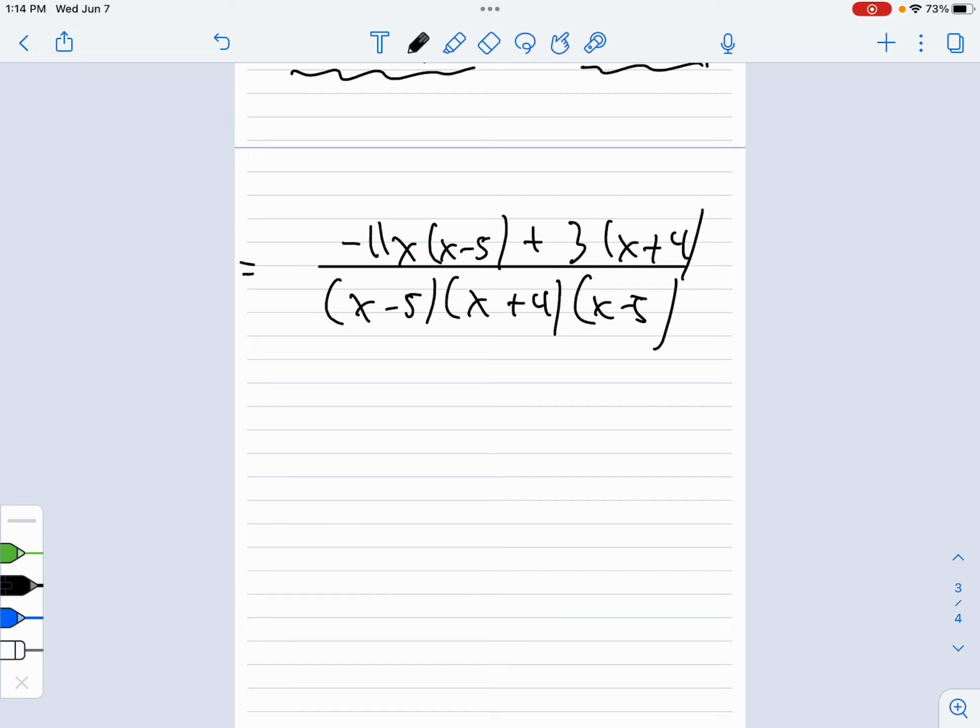With the numerators, we're going to simplify this a bit. So I'm going to distribute that minus 11x. Here we get minus 11x squared plus 55x, plus 3 times x is 3x, 3 times 4 is 12.